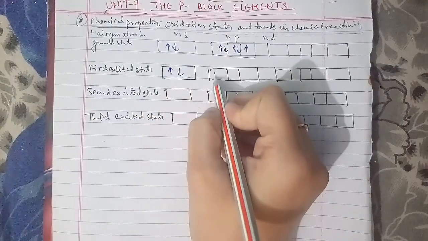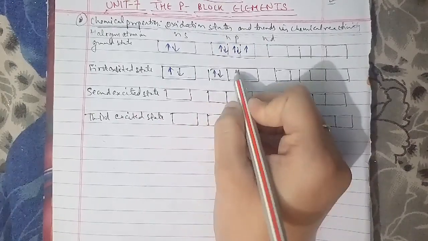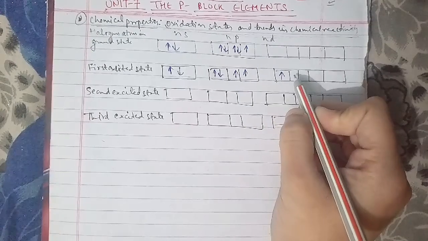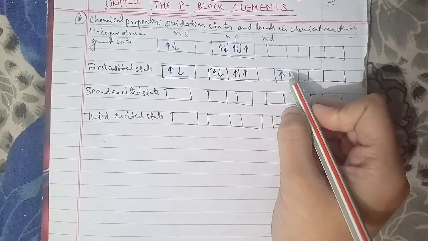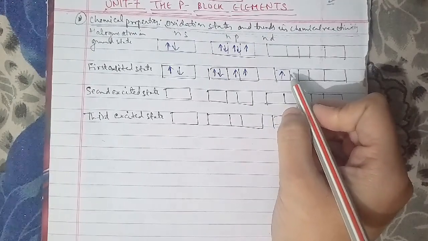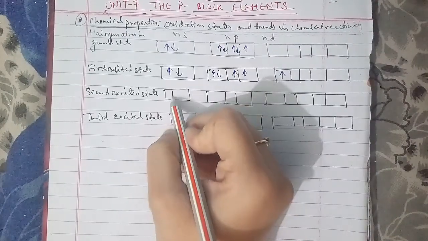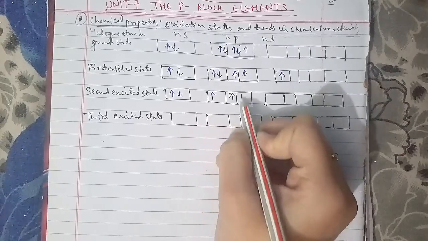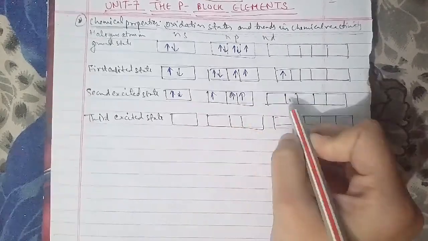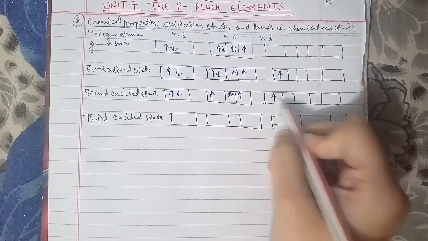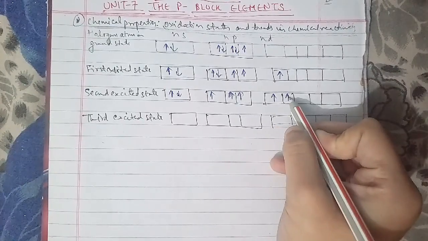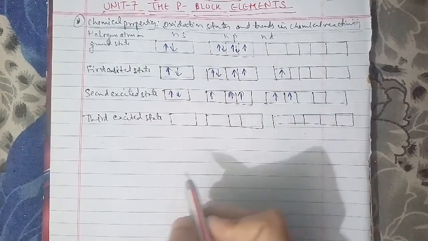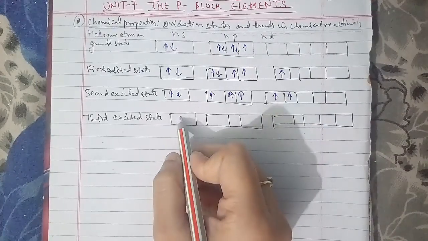For the second excited state, there are five unpaired electrons that account for the +5 oxidation state. For the third excited state, there are seven unpaired electrons that account for the +7 oxidation state.